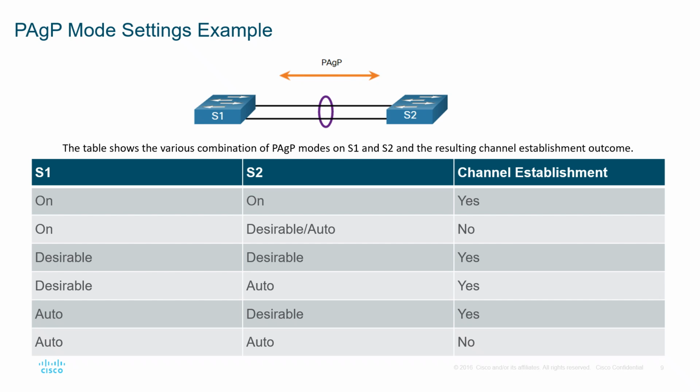If the first side is auto and the second side desirable, there will also be an EtherChannel establishment. If they're both set to auto, neither will be creating a channel. So, on and desirable or auto is a no. Auto and auto is a no. Any other combination will result in a channel establishment.